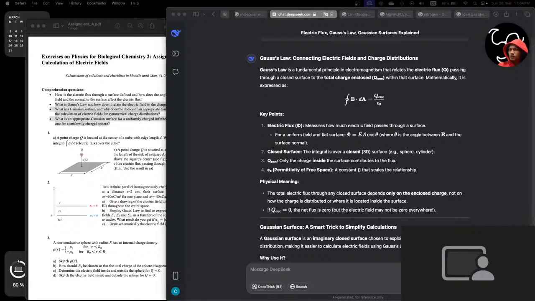The electric field may not be zero everywhere, okay? Not able to focus.